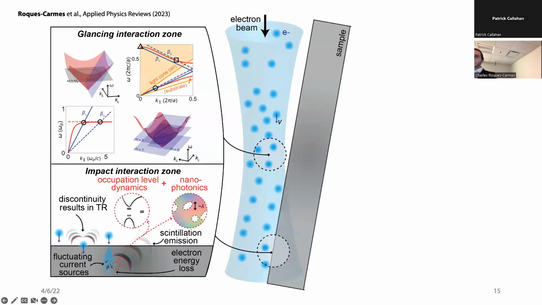Now, looking at the left part of this framework, we have different moments or different zones where the electron can emit light. And we like to separate them as the glancing interaction zone and the impacting interaction zone, which simply differentiates when the electron flies still in the vicinity of the structure, but before impacting it, versus when it's literally bombarding the sample.